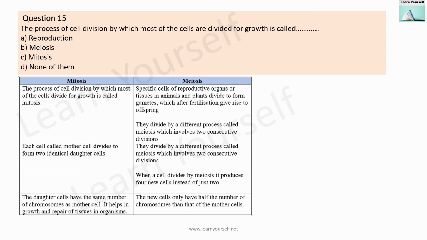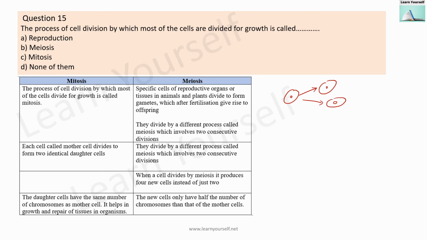The process of cell division by which most of the cells divide for growth is called mitosis, and this happens all over the body, in which the repairing work or the generation of new cells is possible through mitosis. So in this, one cell will generate two identical cells, and they are known as daughter cells. This is a cell division process, and this happens in mitosis.